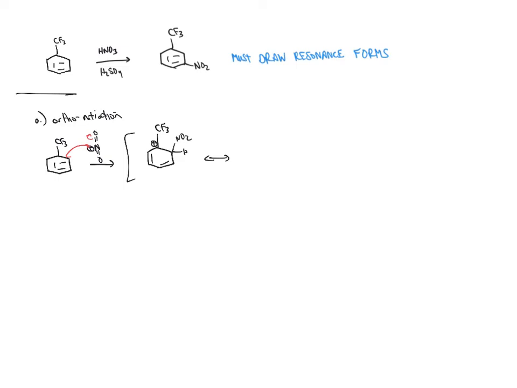Okay, and then I can resonance delocalize around the ring. Do it one more time. And I'm left with 3 resonance forms.